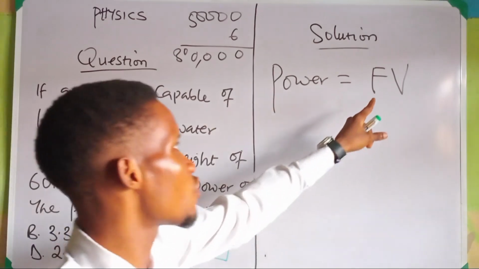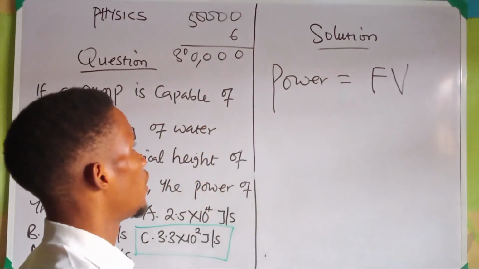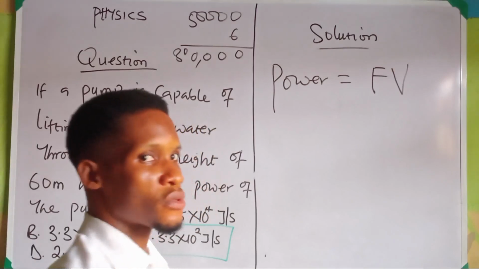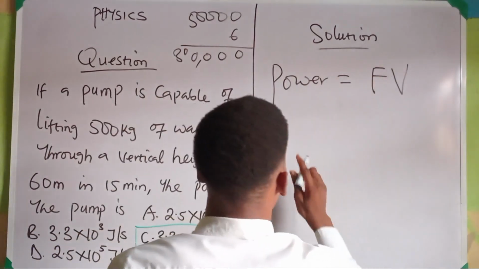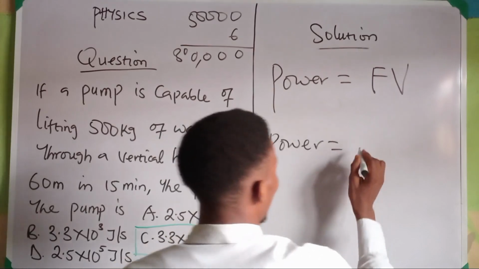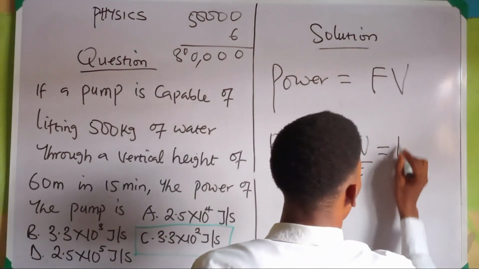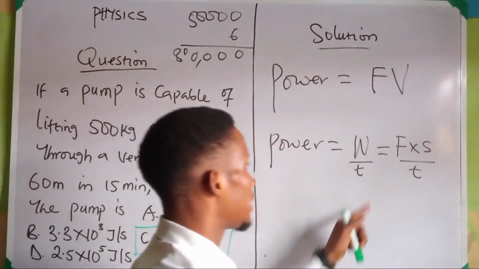Let me just show you how this formula came about, so you also know how to apply it. Recall that power is equal to work done over time. And work done is given as force times distance, all over time that is here.